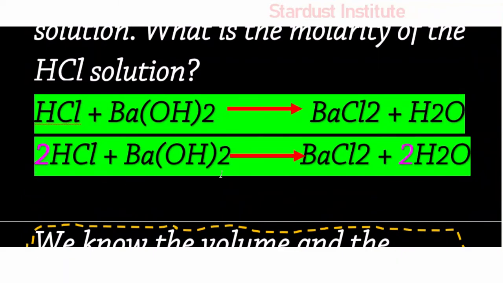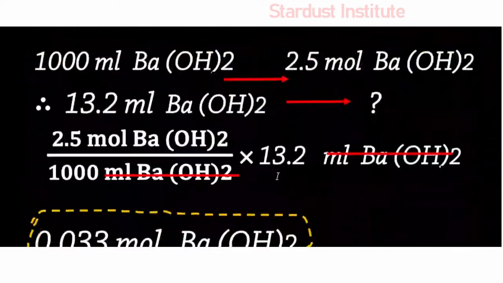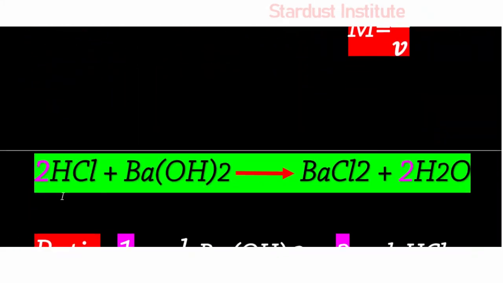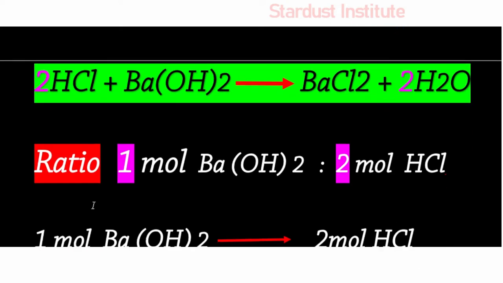This is the balanced chemical equation. I have written it here again. 2 HCl plus barium hydroxide, we get barium chloride plus 2H2O. Ratio: to react with 1 mole of barium hydroxide, 2 moles of HCl are required.